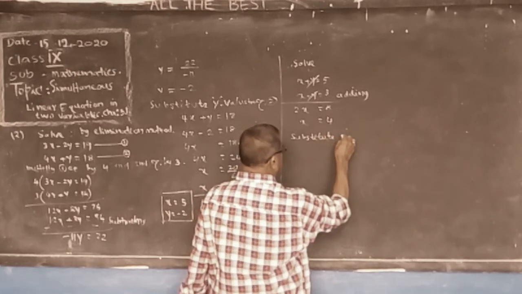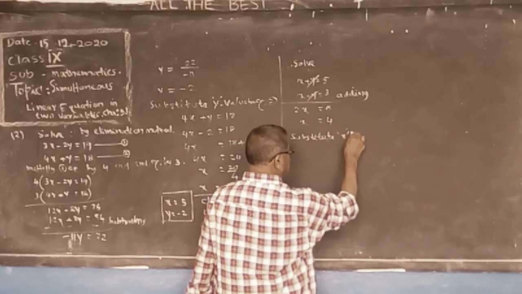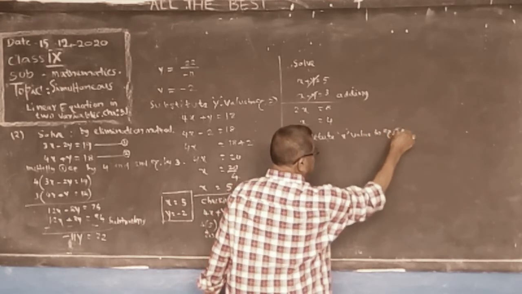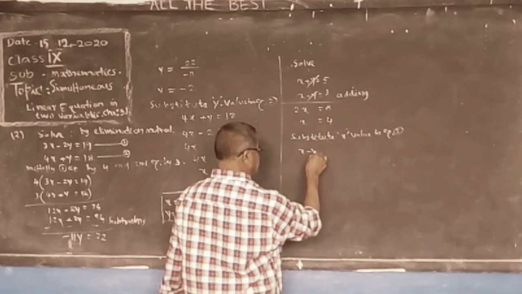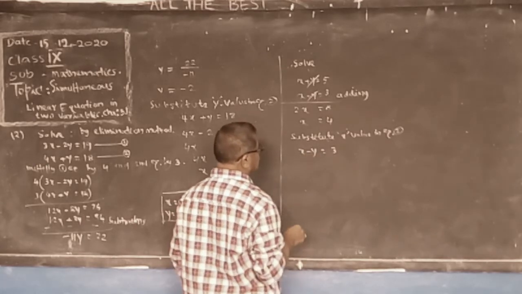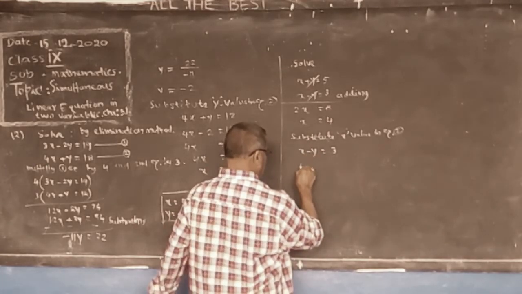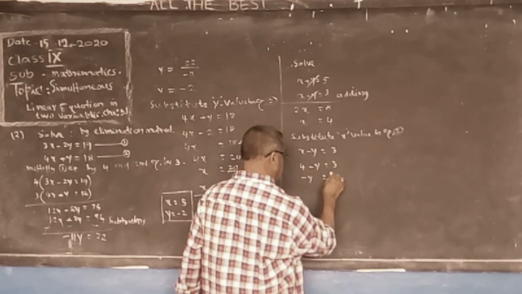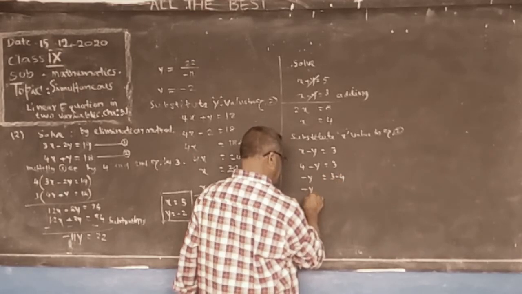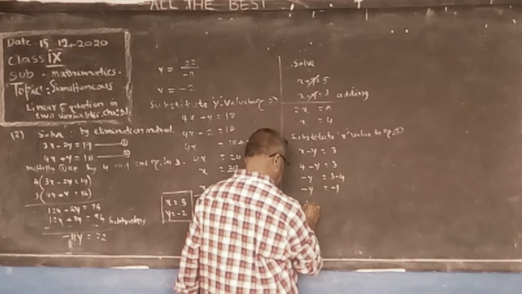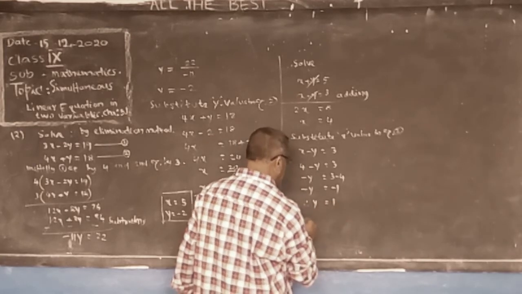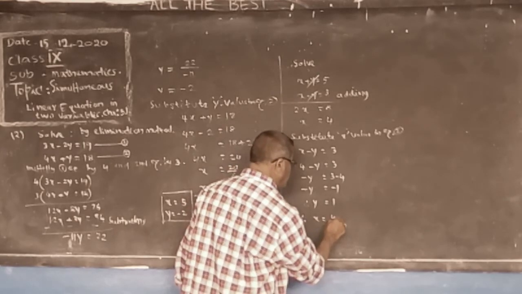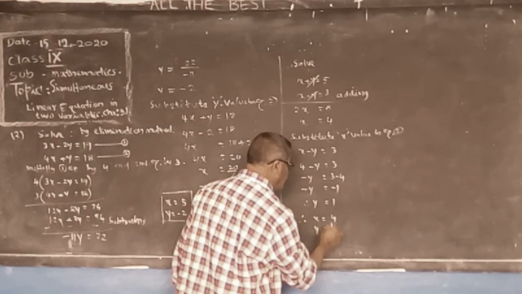Substitute the x value in equation 2. What is equation 2? x minus y is equal to 3. The x value is 4. 4 minus y is equal to 3. Minus y is equal to 3 minus 4. Minus y is equal to minus 1. Therefore, y is equal to 1. The solution set is x equal to 4 and y equal to 1.